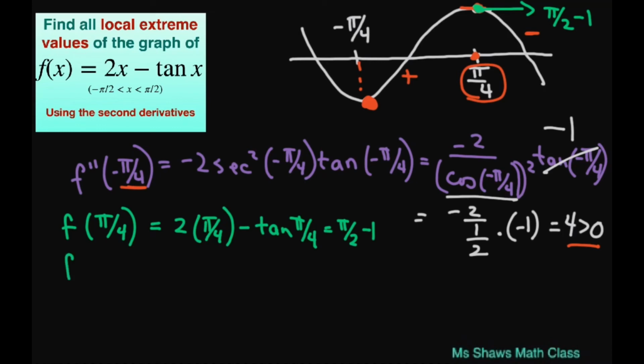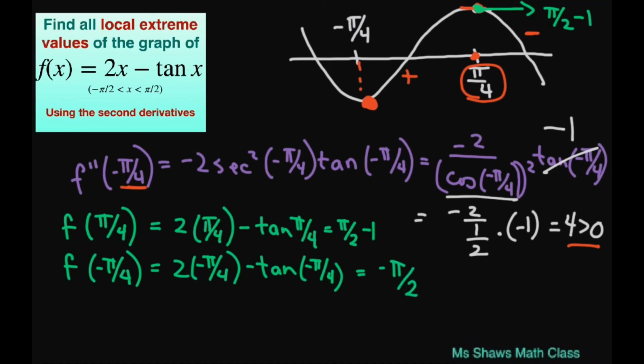Now at f of negative pi divided by 4, it's going to be 2 times negative pi divided by 4 minus tan of negative pi divided by 4. That's going to give you negative pi divided by 2 minus a negative 1. That gives you negative pi divided by 2 plus 1. So that's this value here.